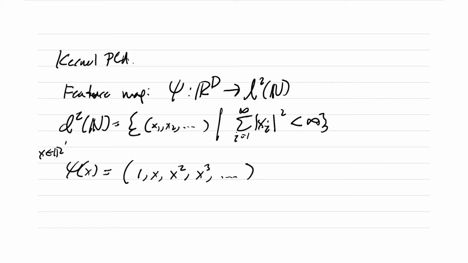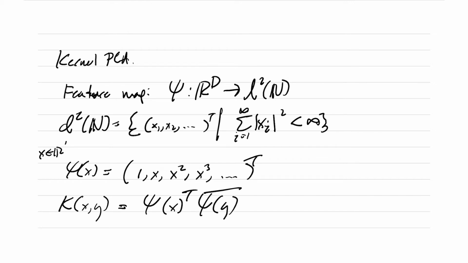So ultimately, what we are concerned with is the kernel function that corresponds to this. Say k(x, y) is a kernel function, and if we think of these as column vectors, then what you have is psi(x) transpose psi(y), right?